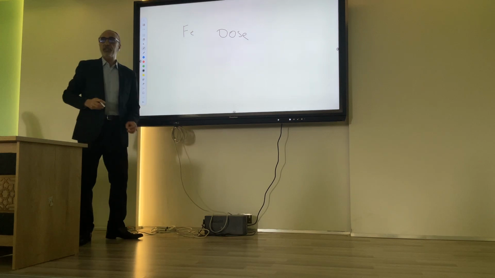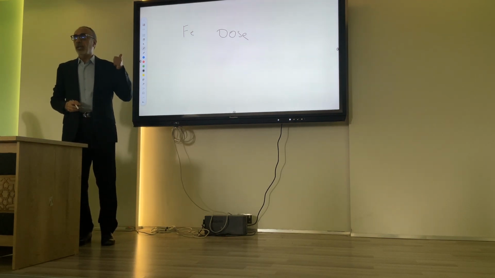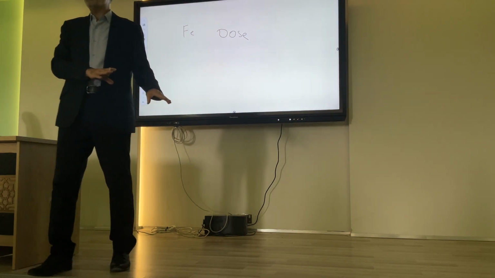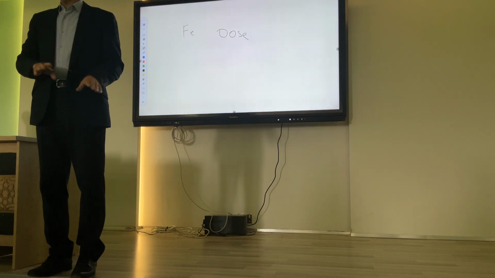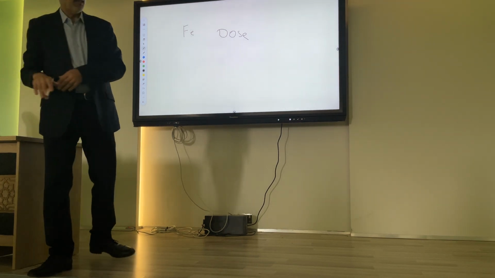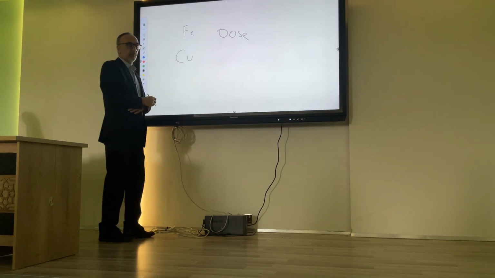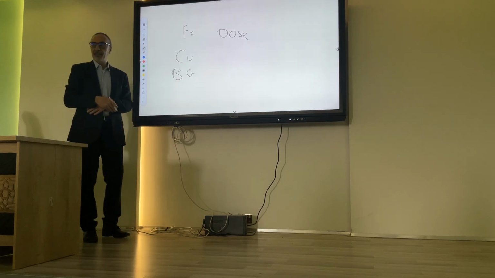For every chemical, it depends on the dose. If the dose of iron is low, it's harmful because we can get anemia. If the dose of iron is very high, it is again harmful because it can cause hemochromatosis. What about blood glucose?